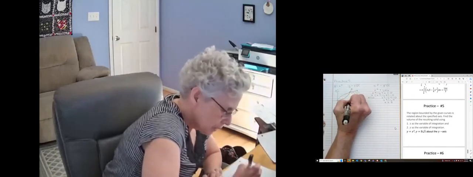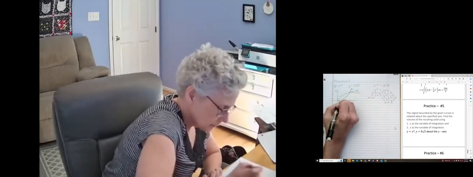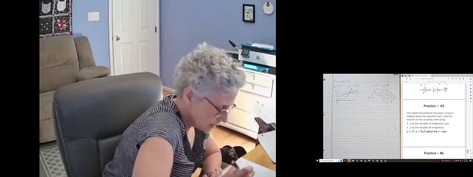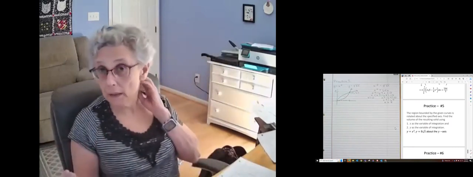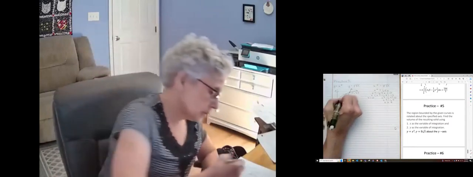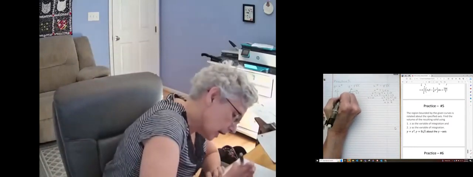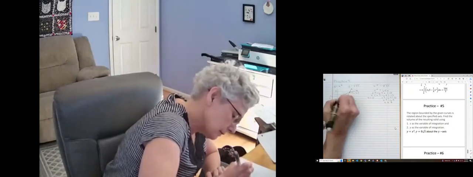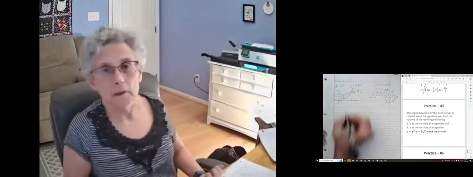So if I make slices along the x-axis, they're going to be parallel to the axis of rotation. So I'll be integrating with respect to x when I do my shells. So there's my representative shell.